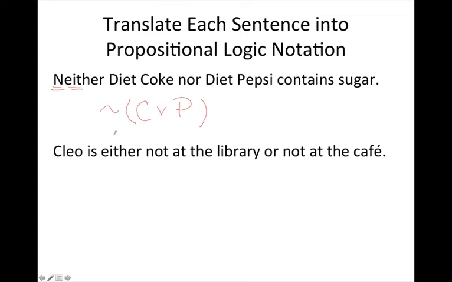Now, for those of you who are more comfortable with this translation that I'm about to write, you'll see that your intuitions are perfectly legit. So these two propositional logic notation sentences, statements are logically equivalent, not either, both are not.